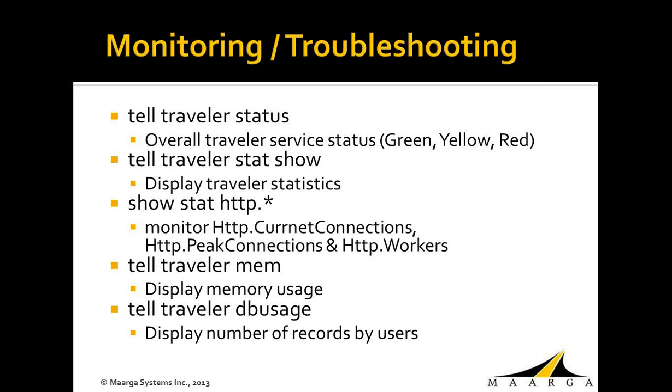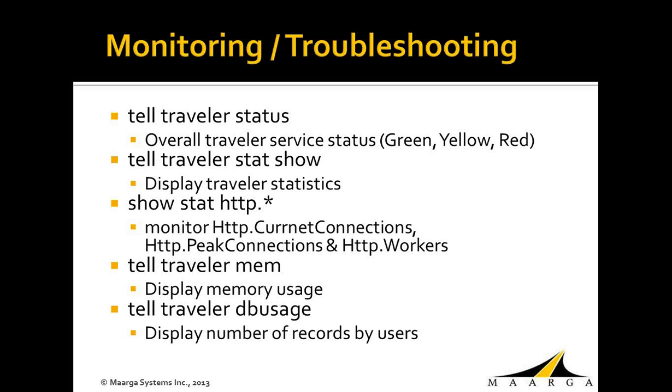The next command, tell traveler stat show, will give you the complete statistics about the Traveler service or the Traveler task. If your tell traveler status is yellow or red, you need to immediately run the second command, tell traveler stat, and look out for the critical statistics to understand where things might be going wrong.